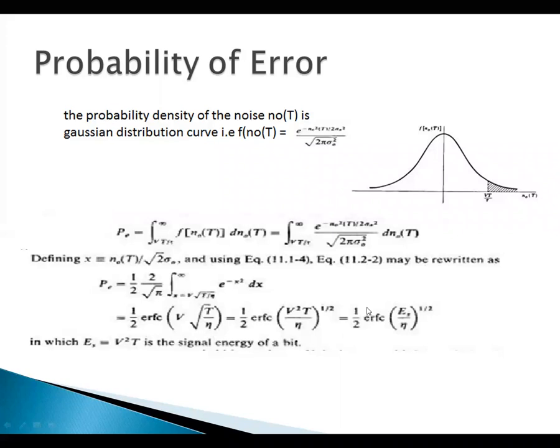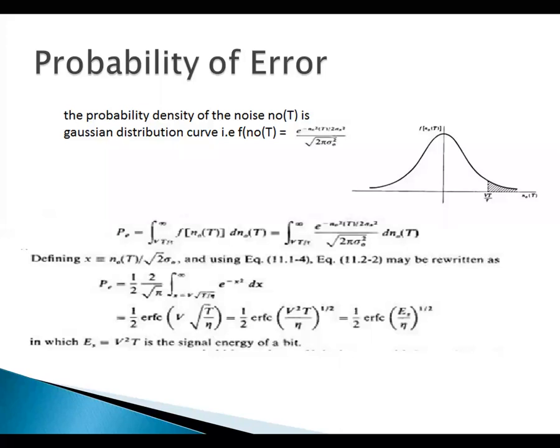P of E is equal to 1 by 2 ERFC of (ES by eta) to the power of 1 by 2. That is, P of E is equal to 1 by 2 ERFC root ES by eta.